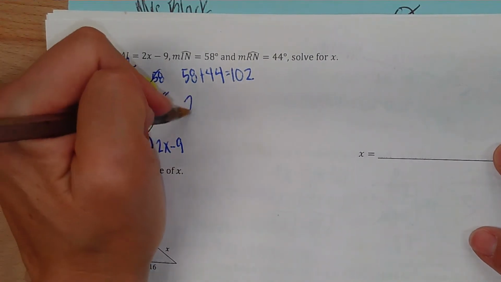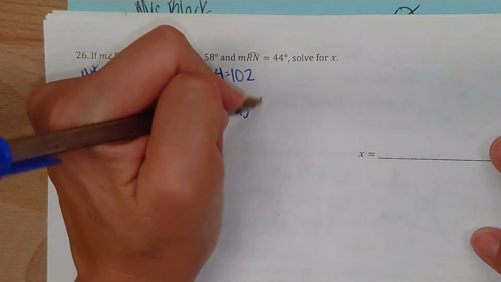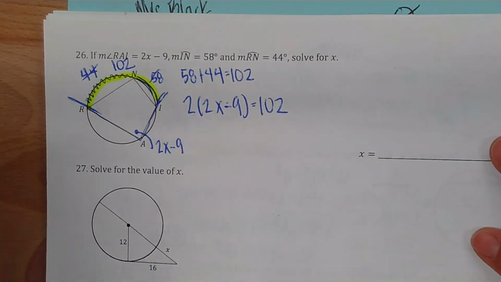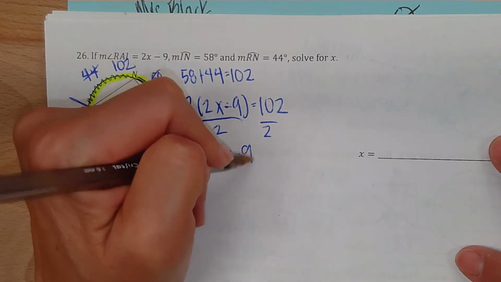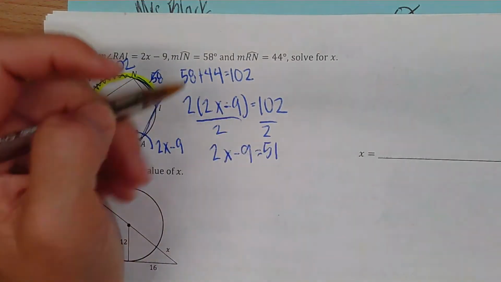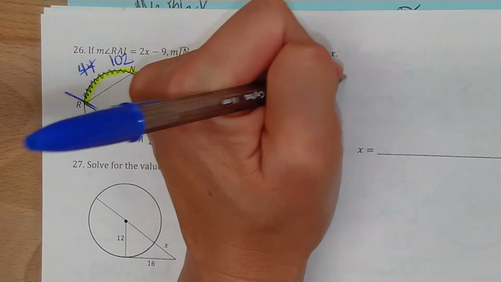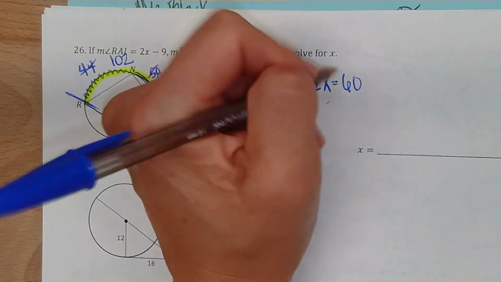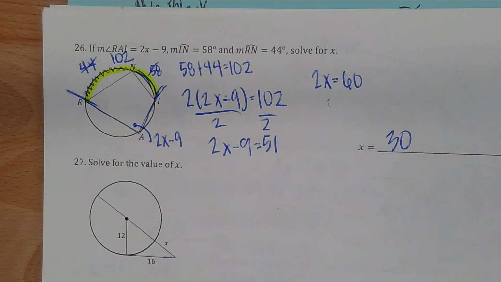So now I'm going to do 2 times 2x minus 9 equals 102. I'll divide by 2 and divide by 2 and get 2x minus 9 equals 51. All right, I'll add 9 to both sides and get 2x equals 60. And divide by 2 and get x equals 30.